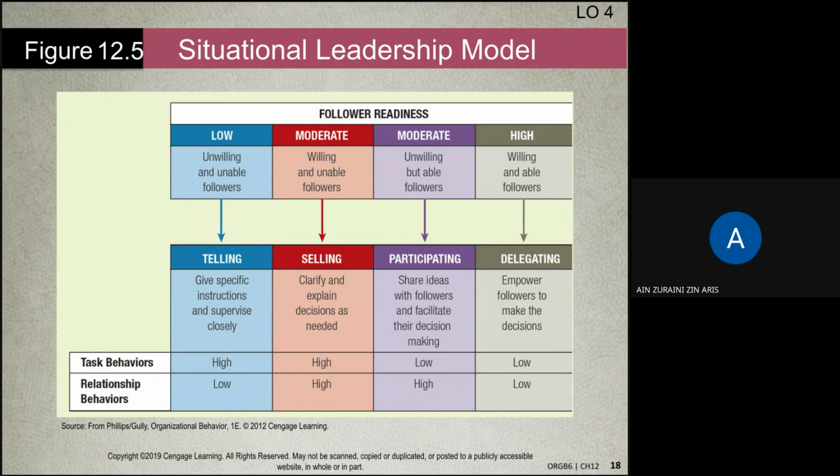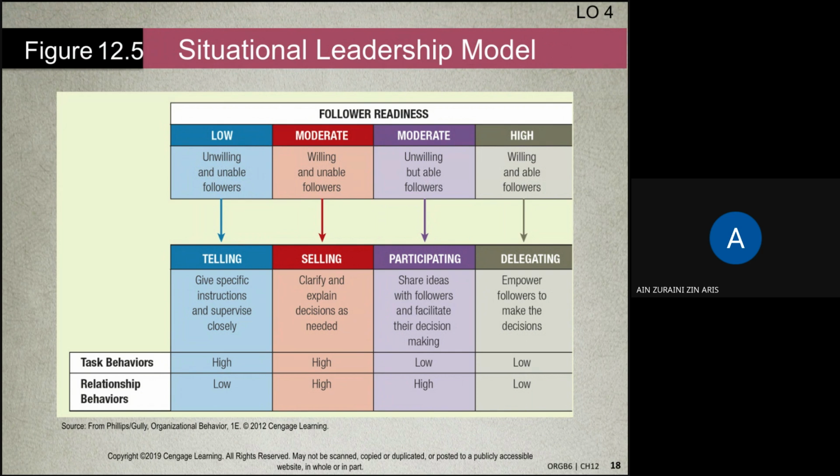The main idea of this model is simple but powerful: the most effective leadership style depends on the readiness or maturity of the followers. So rather than assuming one best way to lead, Hersey and Blanchard argued that effective leaders must adapt their style based on the development level of their team members.